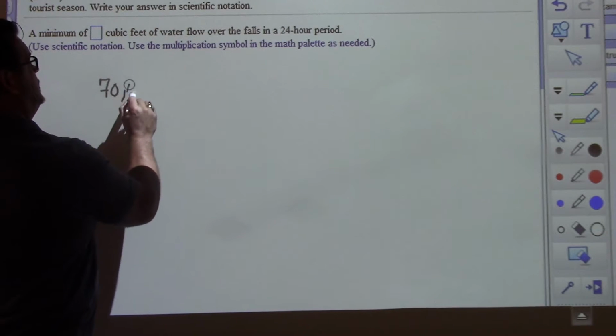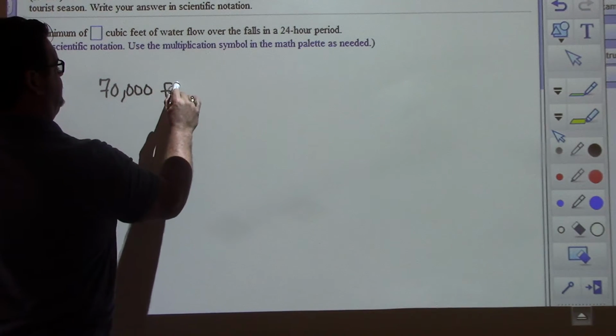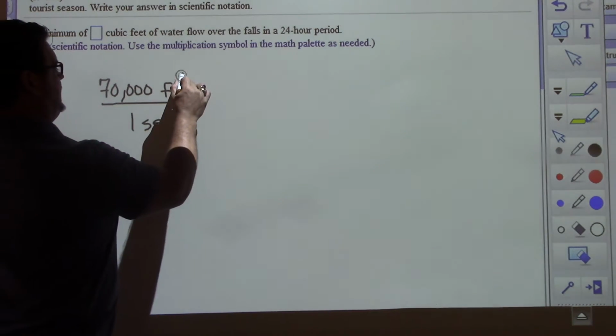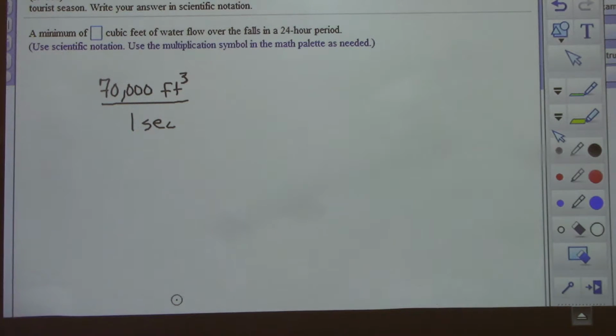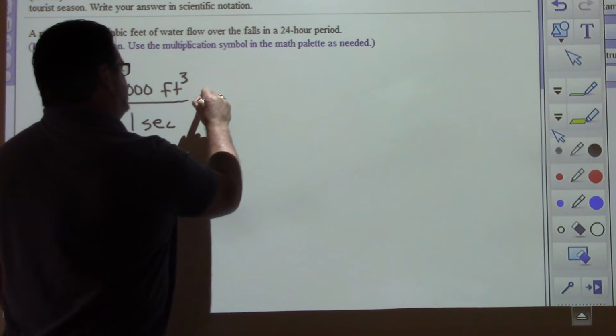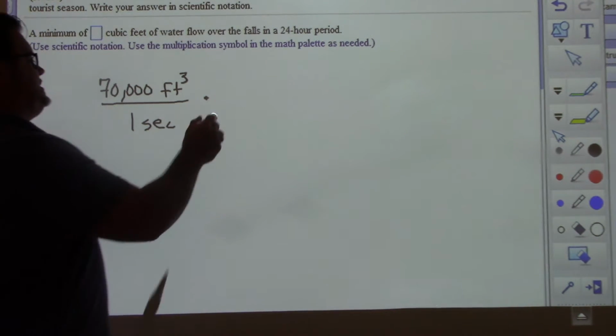All right, 70,000 cubic feet per what? Second. Now we're going to do a little bit of unit conversion here, because you can't compare apples and oranges. And what's the apples and oranges here? Seconds and hours, two different things. You can only cancel diagonally and vertically with fractions, so we have to put seconds up here.